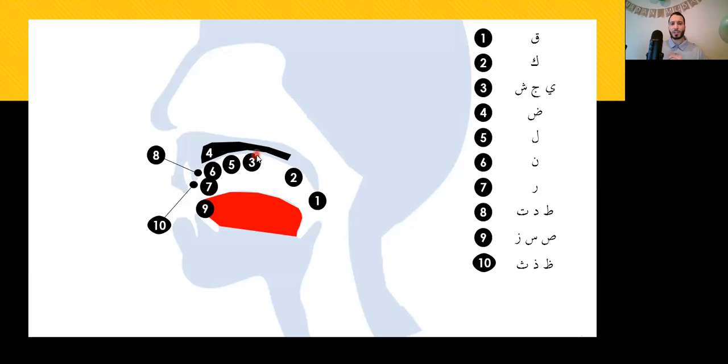A little closer is ja, ja, ja, ju, ji. The whole point of today's lesson is I want you to try to feel where the letter is coming from, right? I don't want you to just be listening to me. Alhamdulillah, I practiced enough and I lost my voice practicing these letters.